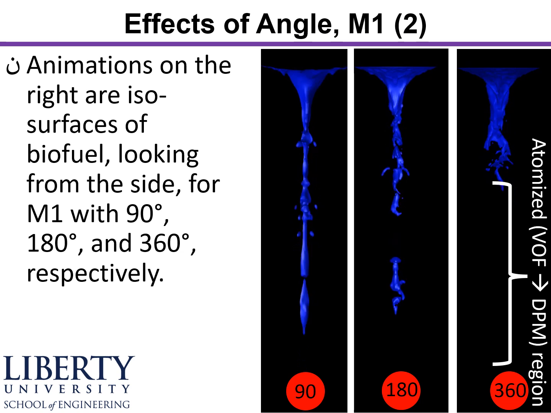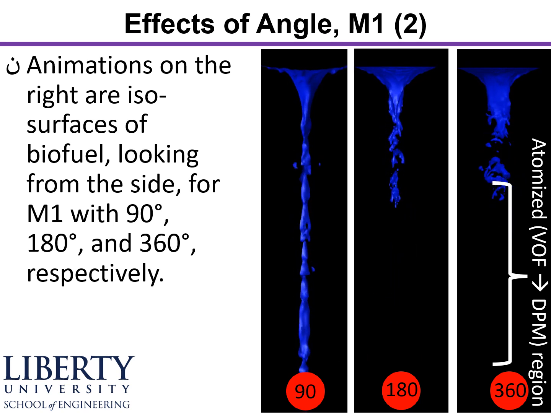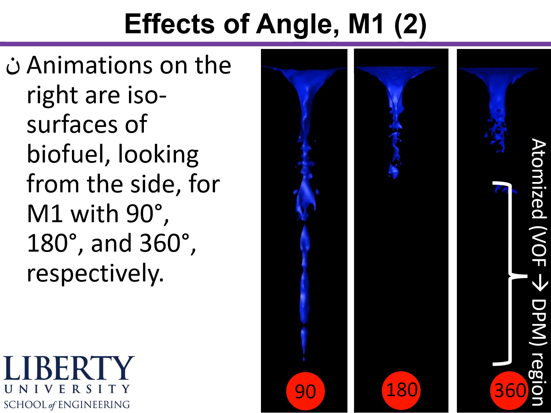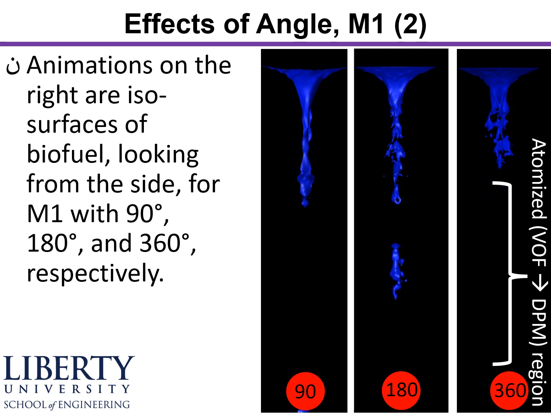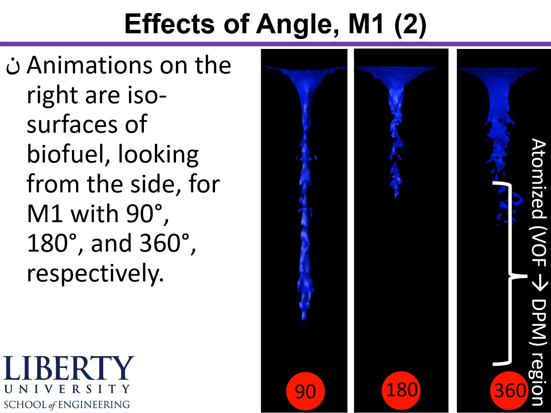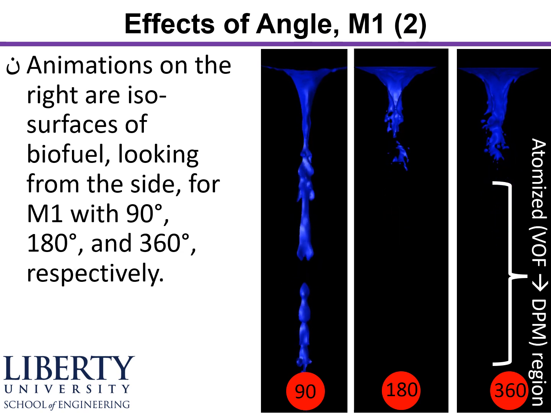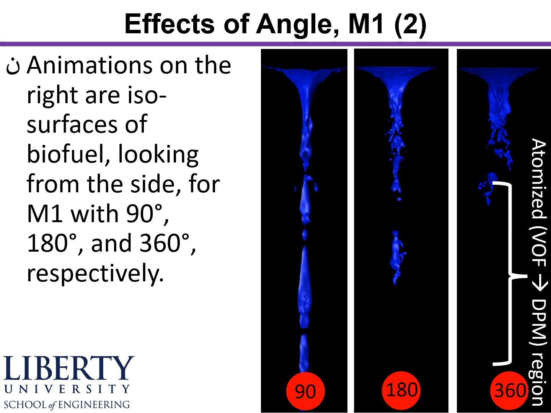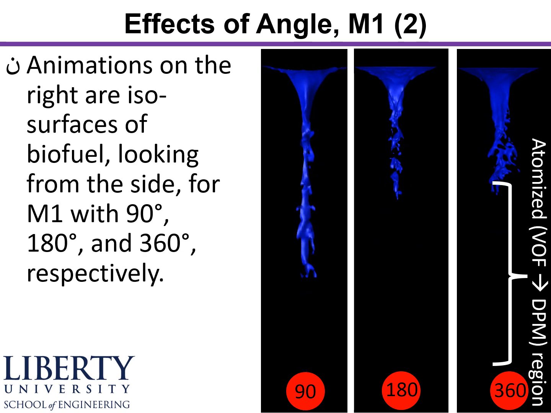The 180 is reasonably close to the 360, but 360 is unique. The liquid stream is allowed to dance and undulate and provide another instability mechanism as opposed to just Kelvin-Helmholtz to change the paradigm of what the atomization looks like. So this is clearly a situation where 90-degree model is unacceptable, and I would even argue the 180 is as well.